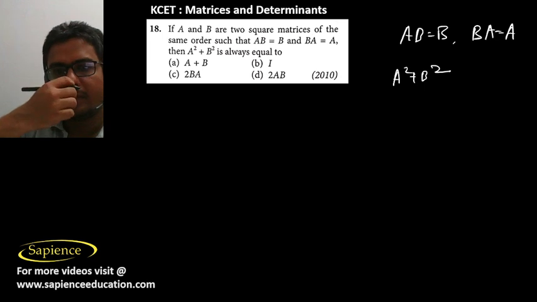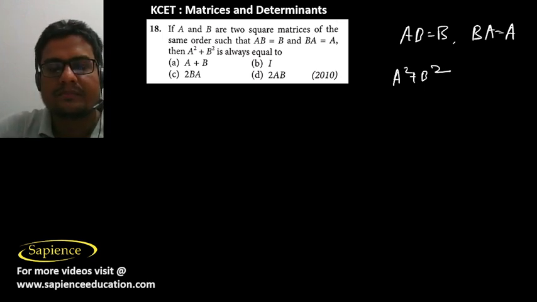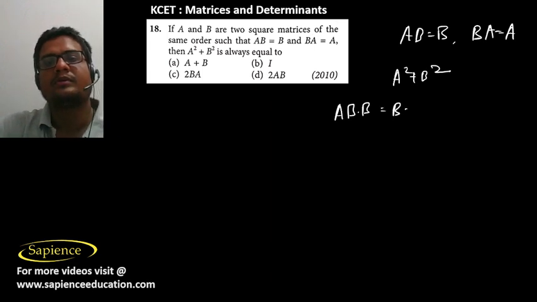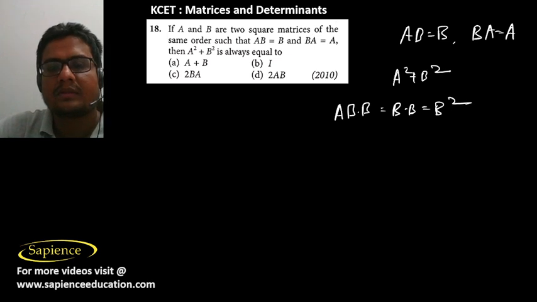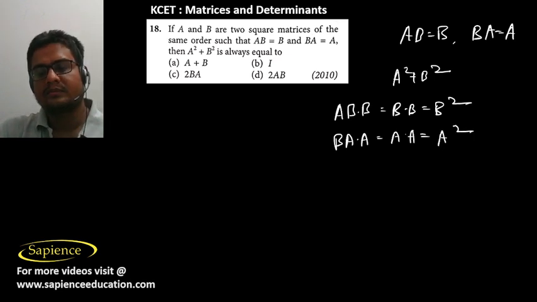So AB equal to B. So we can say that AB into B is equal to B into B, that is equal to B square. And BA into A is equal to A into A, that is also equal to A square.